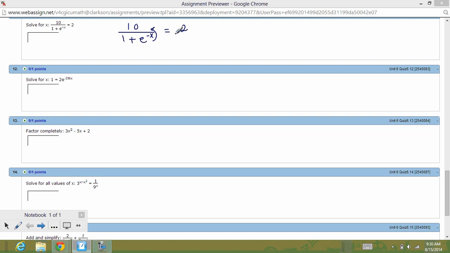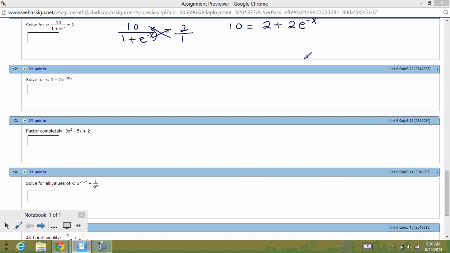So instead, I'm going to attack this as if it's a proportion. And of course, with a proportion, the common technique is to cross multiply. Multiply the extremes times the means. And we're going to get 10 when you do 10 times 1. And we're going to get 2 plus 2 e to the minus x.